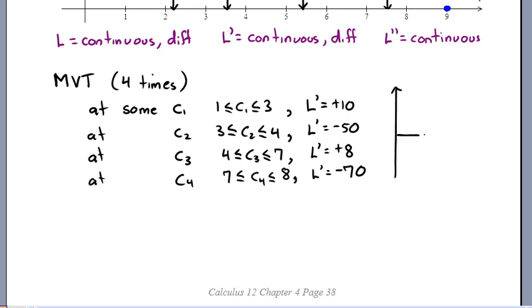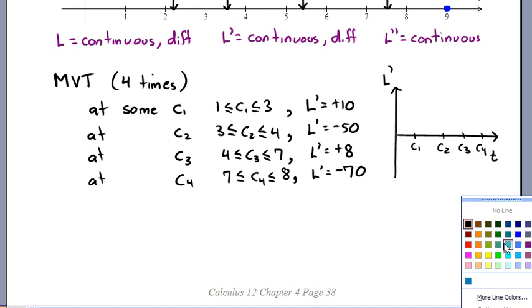Because they said, oh, you can do 2 derivatives and you're totally okay. So here's time, here's L prime, and I've got some spots here. I don't know where exactly C1 is, but it's between 1 and 3. So there's a C1, a C2, a C3, and a C4.